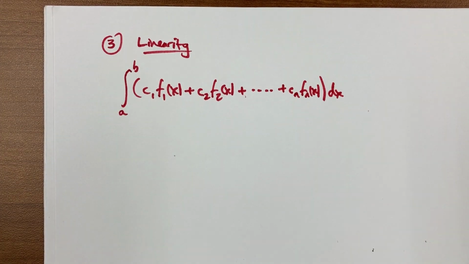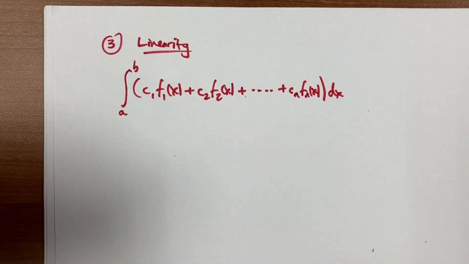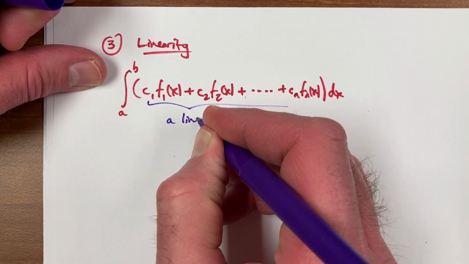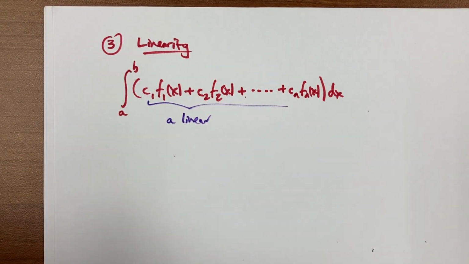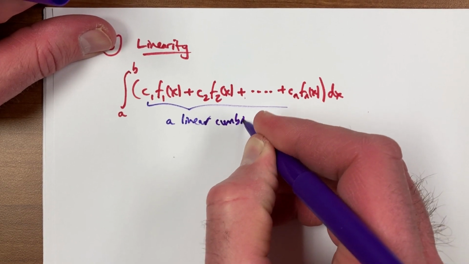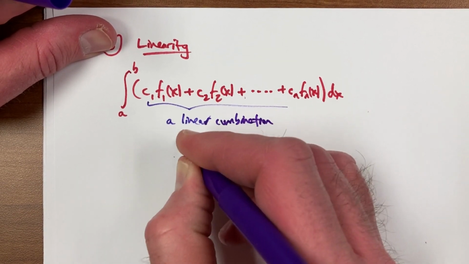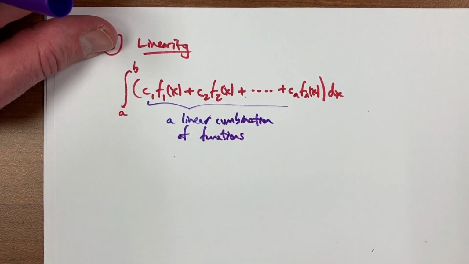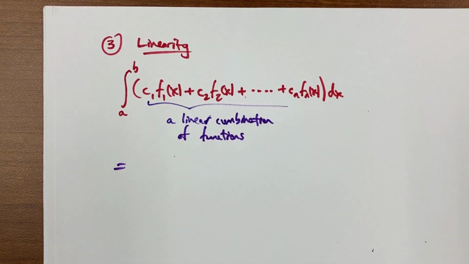The integral of that combination of functions, in fact, this is called a linear combination of functions, is the corresponding linear combination with the same c's of the functions themselves.